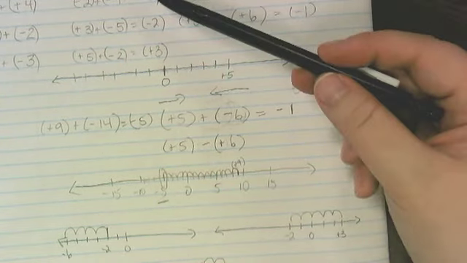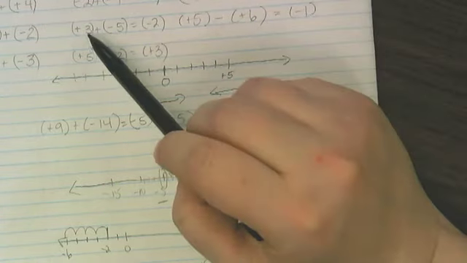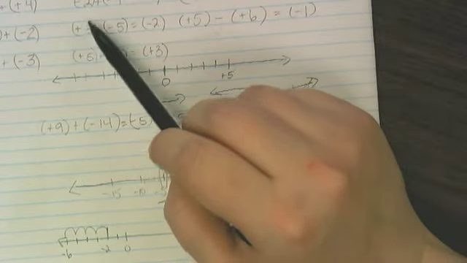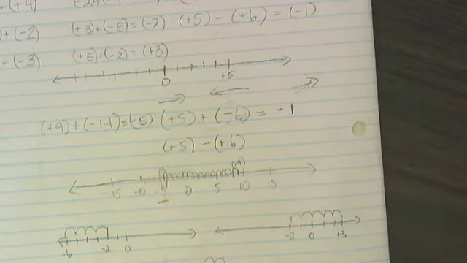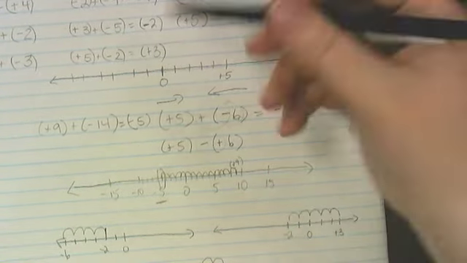Now, if we look at this and we look at what we did before, I'm going to skip over this one. But if we look at this one, we've got 3 and 5. One's a positive number, one's a negative number. Which one's bigger? The negative number. So it's going to be a negative answer, which it is.